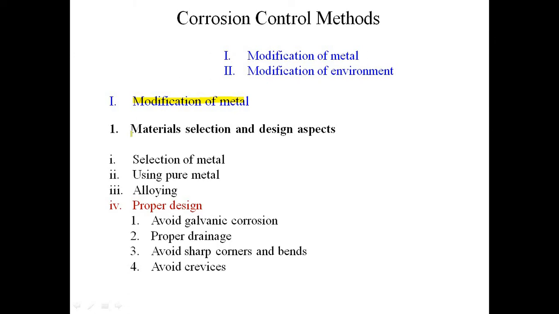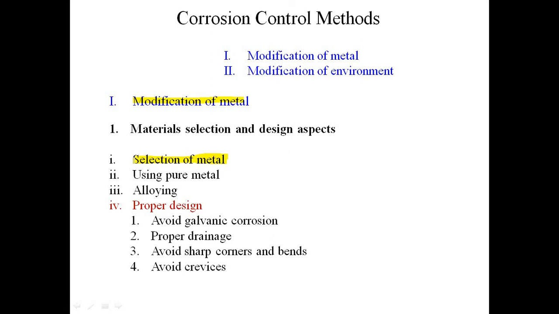So if we want a metallic object or metallic structure for a specific or special purpose, then we should think of what kind of metal will be suitable for that. That's what we call material selection. In the first step, you should select the metal based on your application and your requirement. You cannot use the same metallic vessel for all applications. You have to choose them differently and wisely.